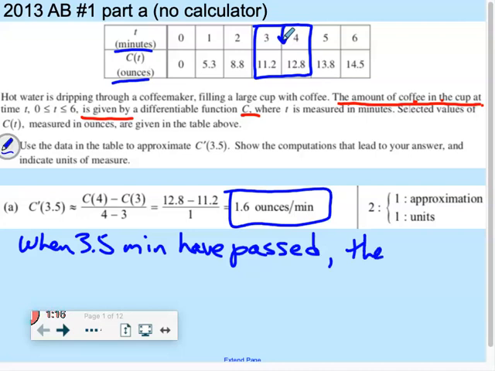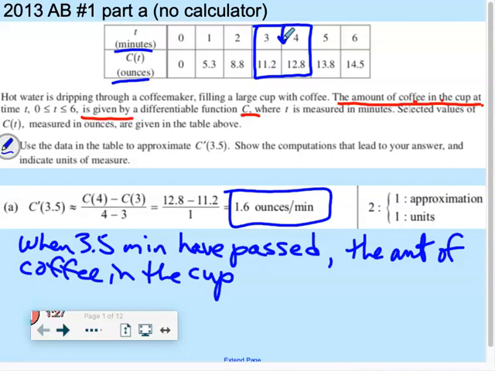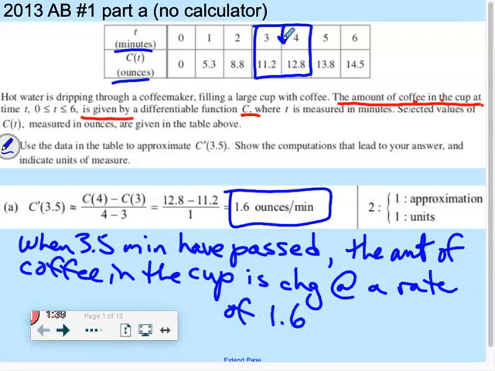The function represents the amount of coffee in the cup. And then this next part is the same for all of them: is changing at a rate of 1.6 ounces per minute. So if you're asked to explain the meaning, that would be your explanation.